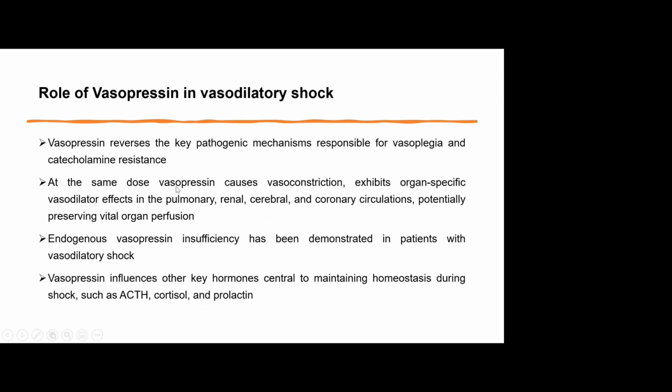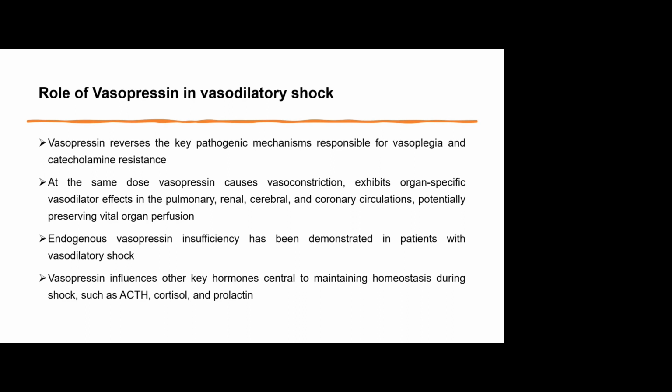Its vasoconstriction action is seen more on the smooth muscle cells, but it spares the pulmonary and the renal. As a result, it is a common drug to be used in situations where pulmonary hypertension is suspected because it doesn't have a vasoconstrictor effect on the pulmonary vasculature, unlike noradrenaline, which increases pulmonary pressures because of pulmonary vasoconstriction as well. So if you're looking at a drug to be used in pulmonary hypertension, vasopressin is a better drug than noradrenaline.